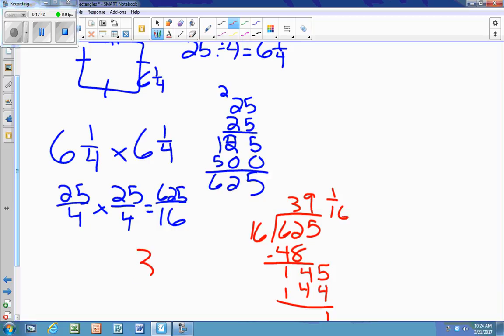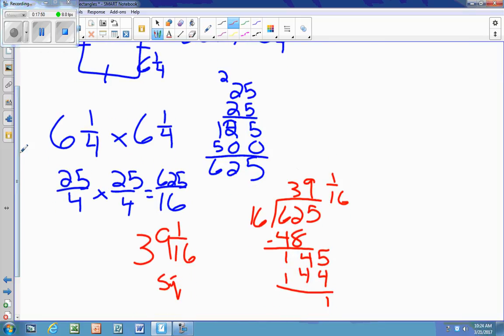And we'll end up with 39 1/16 square inches. And that's lessons 10 and 11 on finding area.